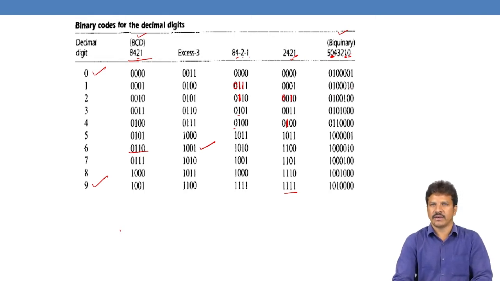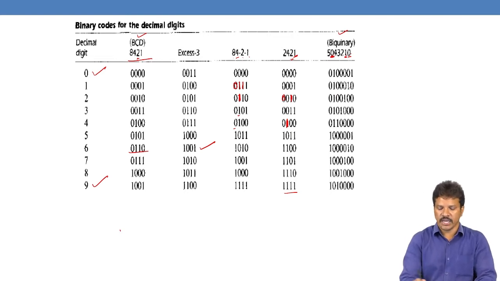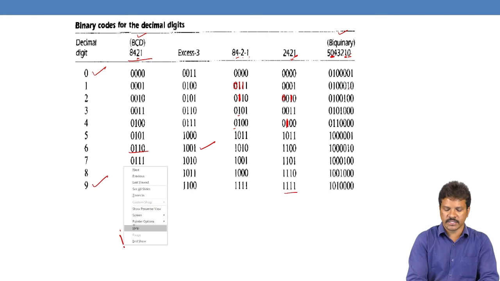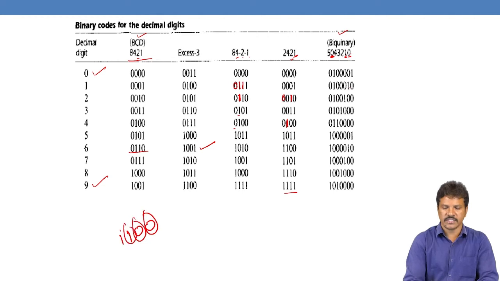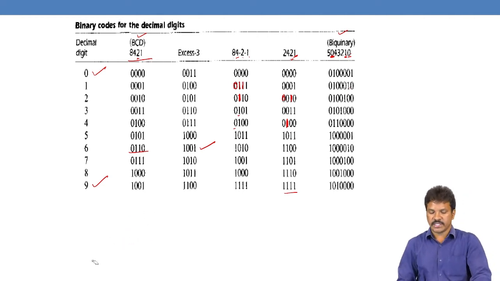When compared with BCD, which has 8, 4, 2, 1 weights, in XS3 a constant number 3 is added to a weighted code, so it becomes a non-weighted code. If you check any number, for example 9, the XS3 code for 9 is 1100. So there is no weight for each digit, each digit doesn't follow any weights. That's why XS3 is called a non-weighted code.